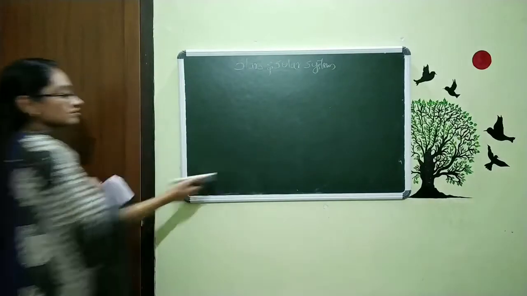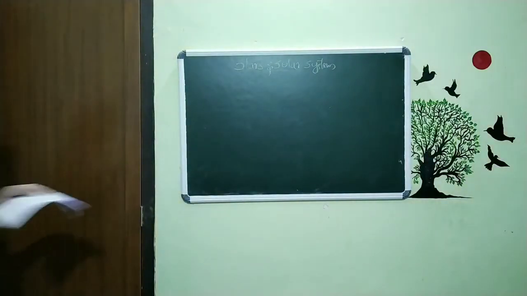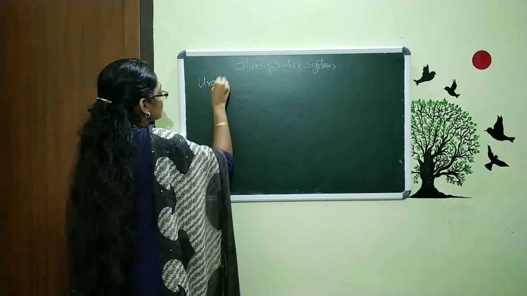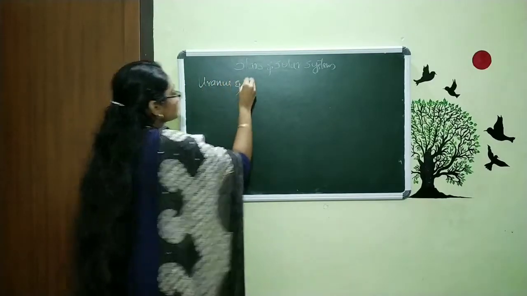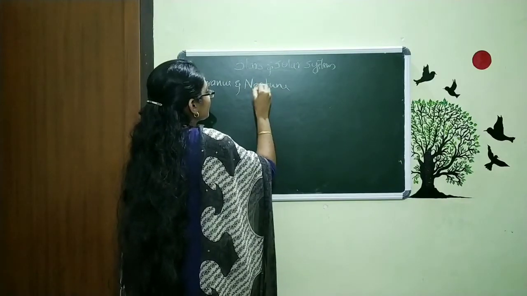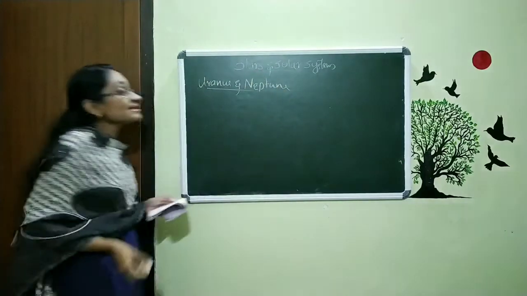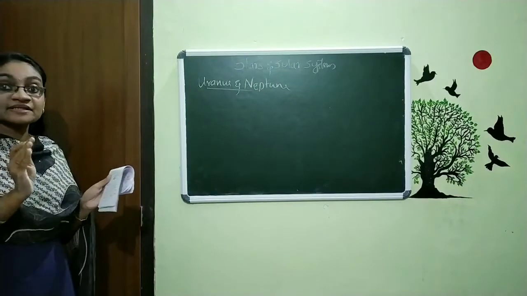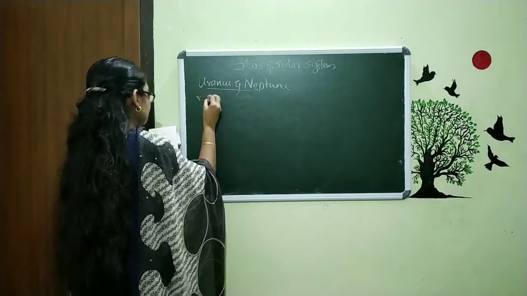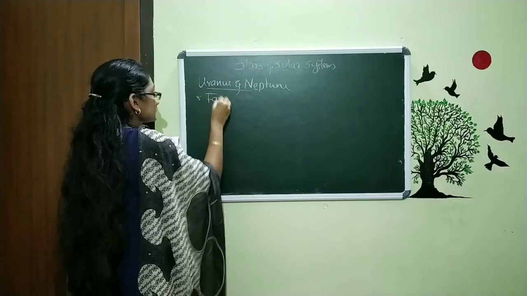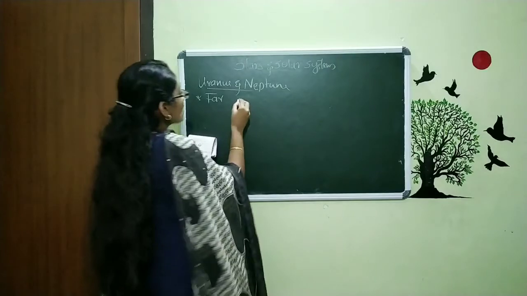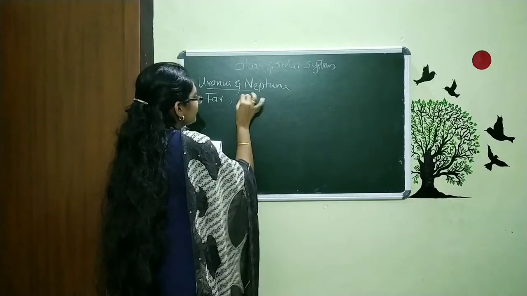We are talking about these together, Uranus and Neptune. These planets are very far from the Sun, and actually they are the outermost planets.